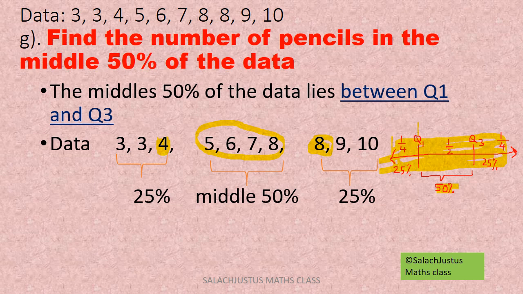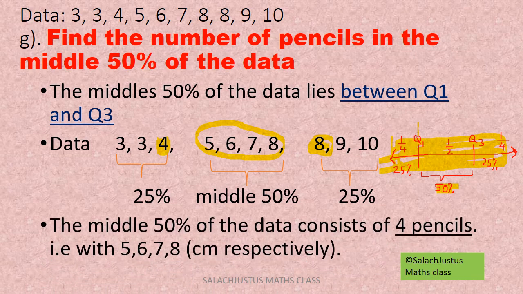If you remember, our Q1 was at 4. This was our Q1, and this one was our Q3. So whatever remains at the middle here is the middle 50% of the data.